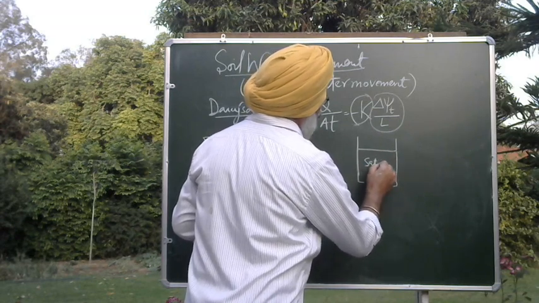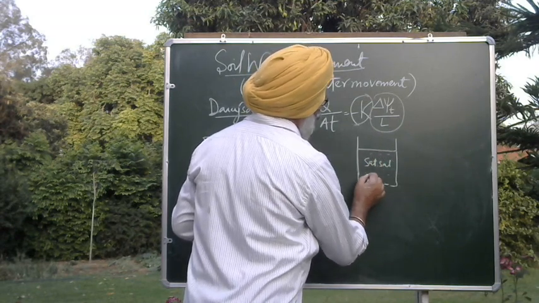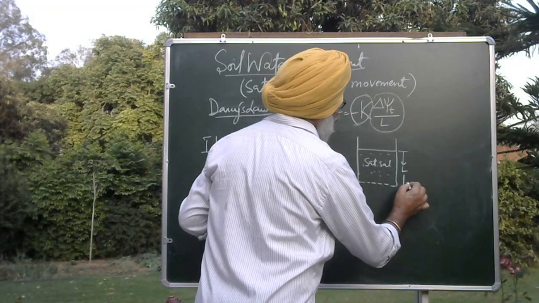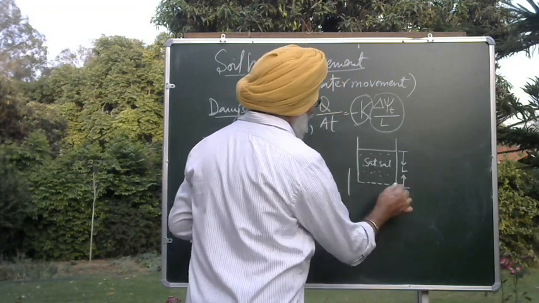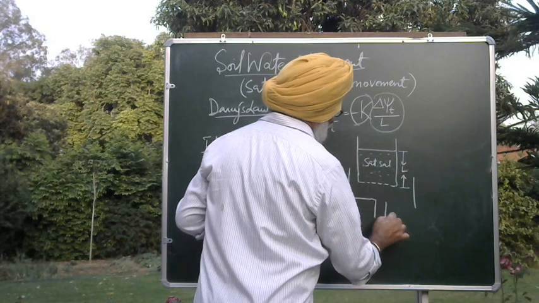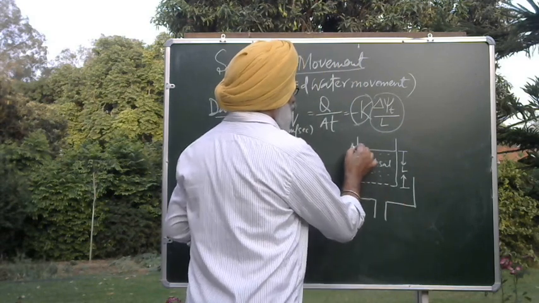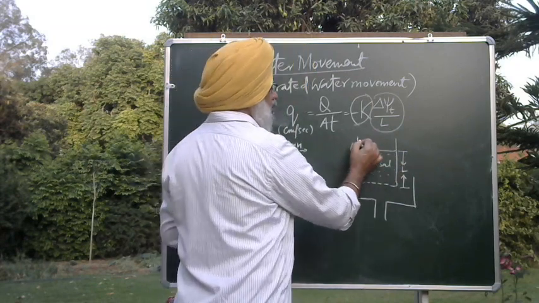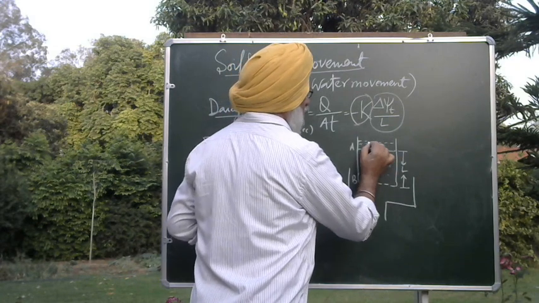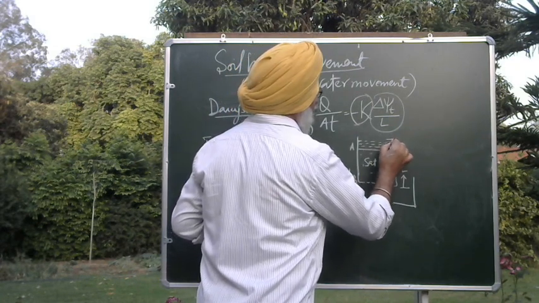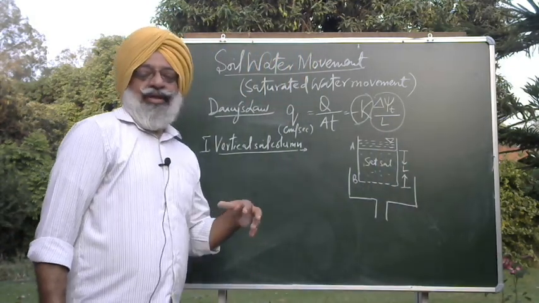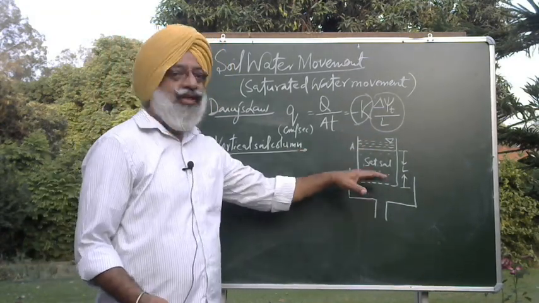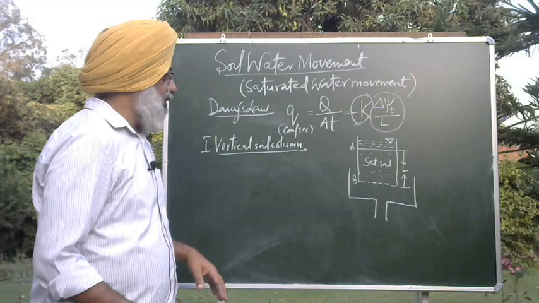So we have a saturated soil column of length L. This is point A, point B. At point A, that means at the top of this soil column, we are maintaining a constant water head, because if the water head is not constant, then this soil may not remain saturated. We have to study the saturated movement of water in soils.